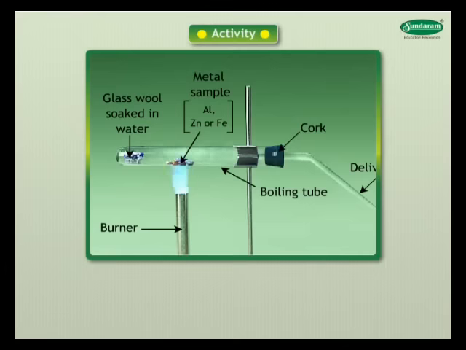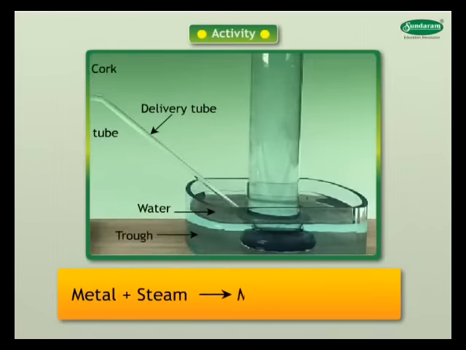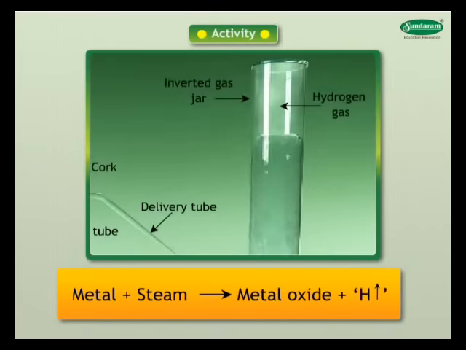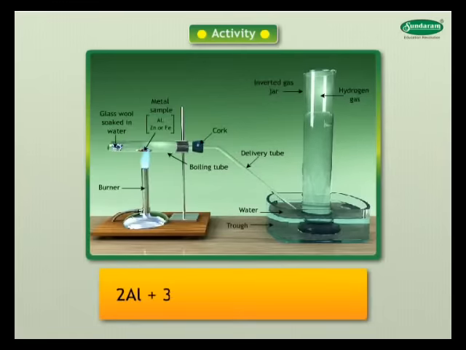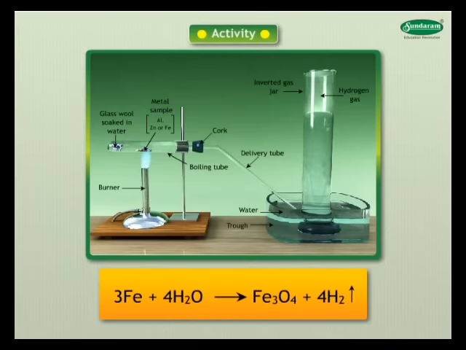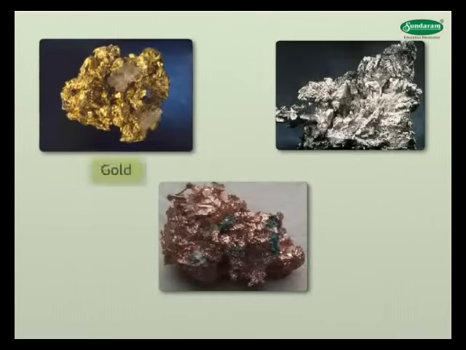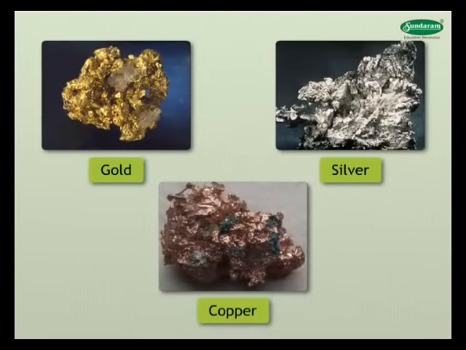Metals like aluminium, iron and zinc do not react either with cold or hot water, but they react with steam to form metal oxide and hydrogen. 2Al plus 3H2O gives Al2O3 plus 3H2. 3Fe plus 4H2O gives Fe3O4 plus 4H2. Metals like gold, silver and copper do not react with water at all.